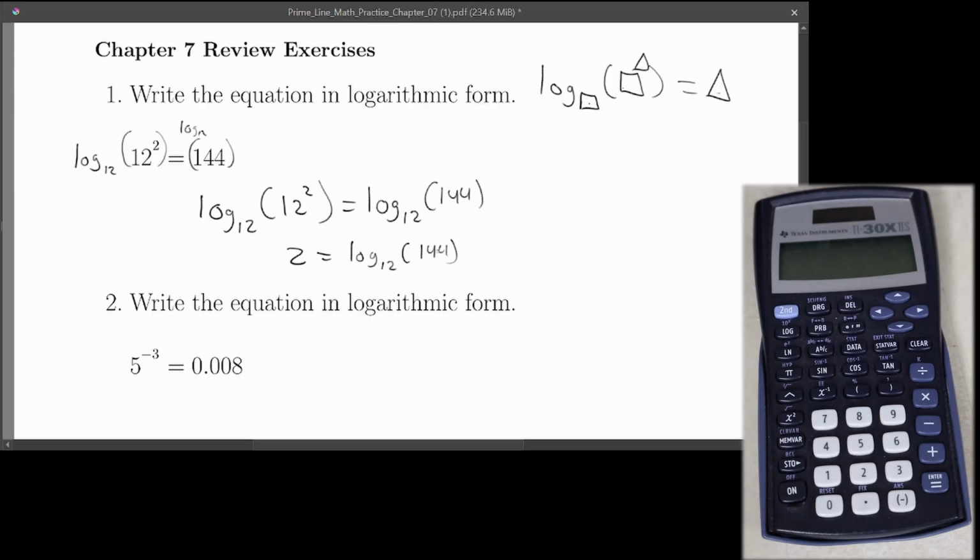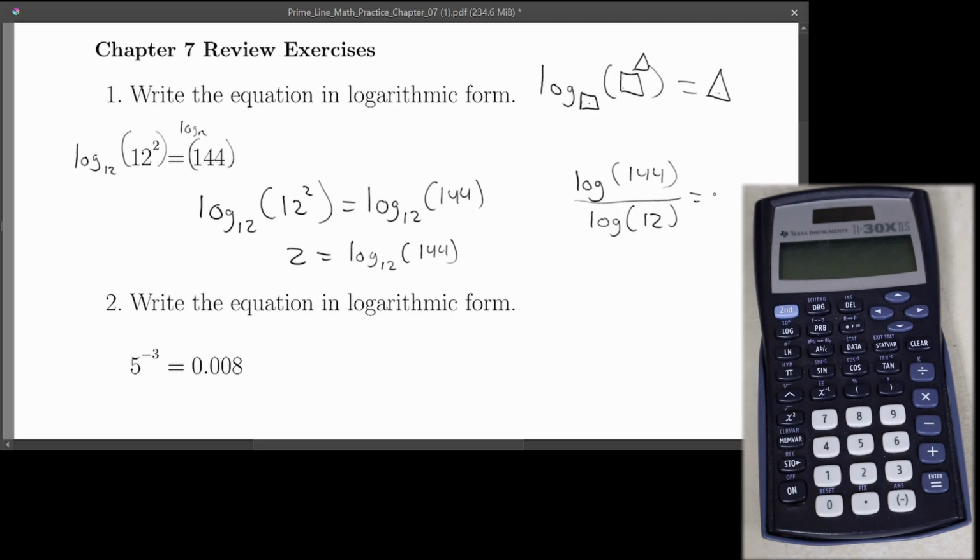Now there's not a real easy way to check this directly on our calculator. We'd have to do what's called a change of base. To do that, we'd write it in 2 different log equations. We'd do a log base 10 of 144, the value inside the parentheses, divided by a log base 10 of what the base value is.